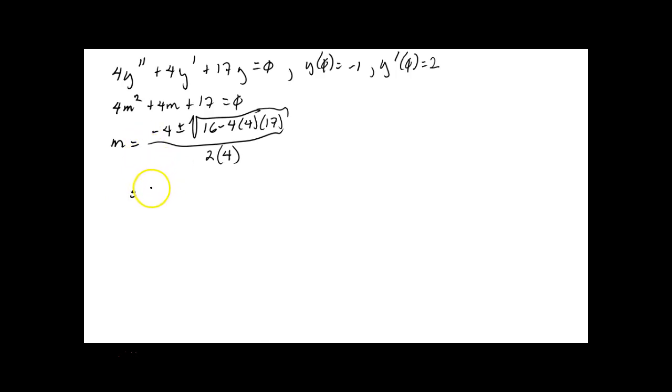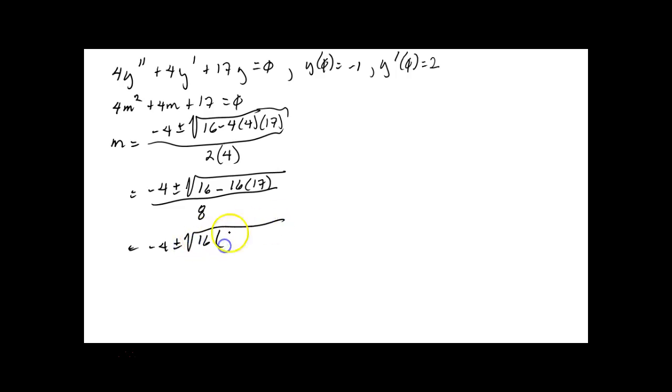Okay. So this is minus 4 plus or minus the square root of 16 minus 16 times 17. Actually, there is a slightly easier way to do this. Let's just write it 16 times 17. This is cheating a little bit, but it's a little easier. Divided by 8. This is minus 4 plus or minus the square root of 16 times 1 minus 17, right?